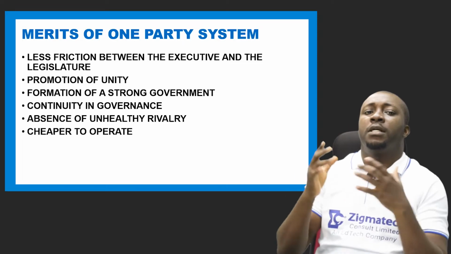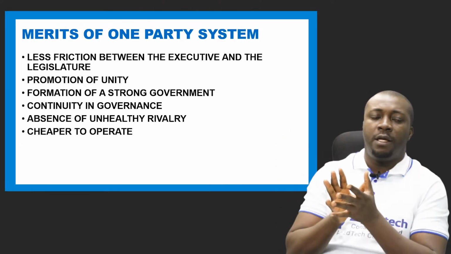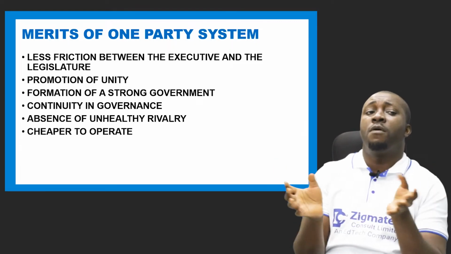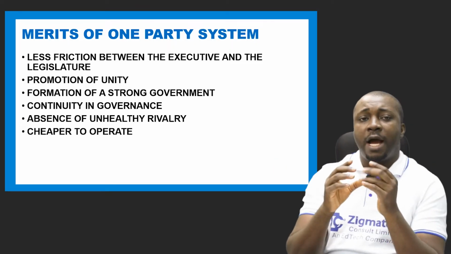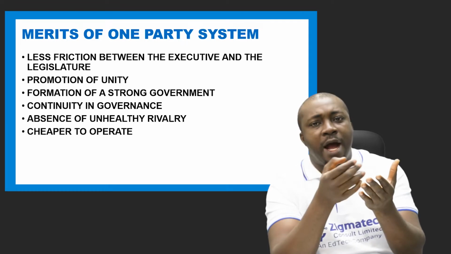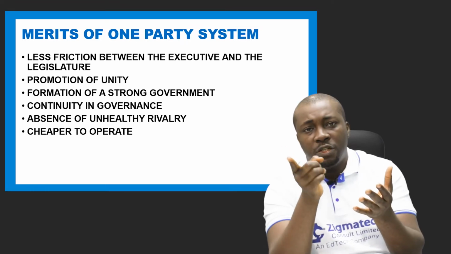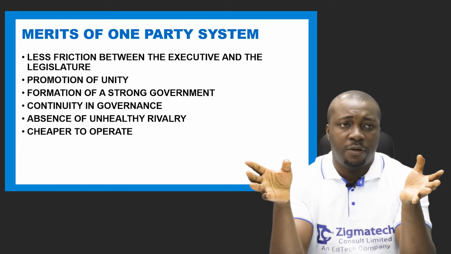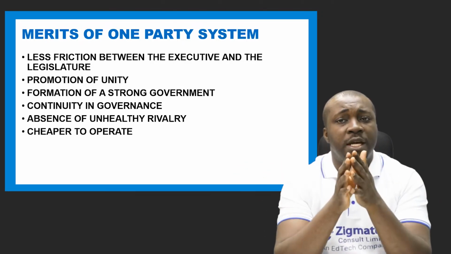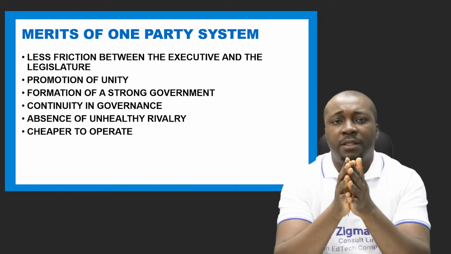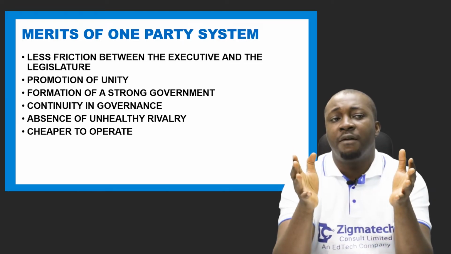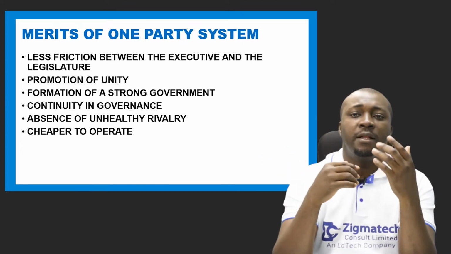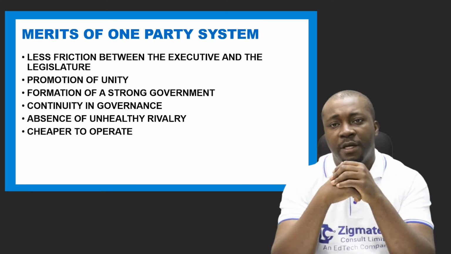This is because the members of the legislature and members of the executive are coming from one political party, and they do not see each other as rivals, and each of them will promote one particular manifesto of their party. So there is better cooperation and better synergy whenever you have a one-party system between the executive arm of government and the legislative arm of government.